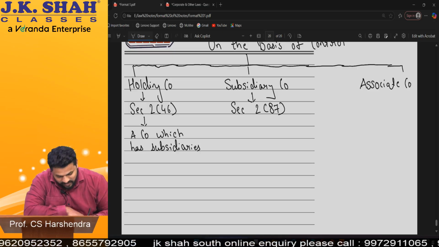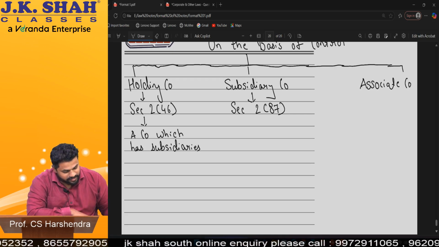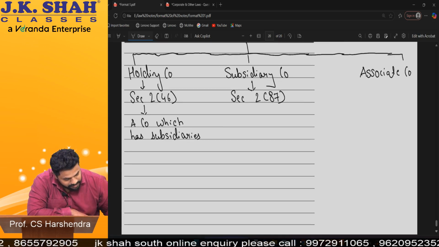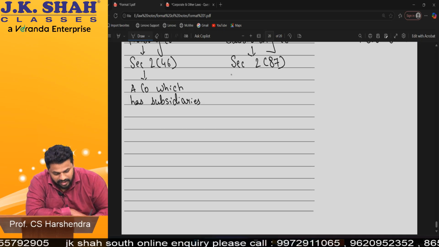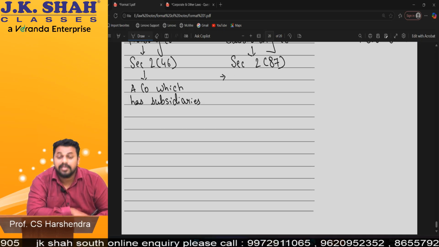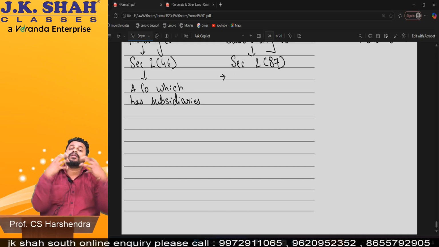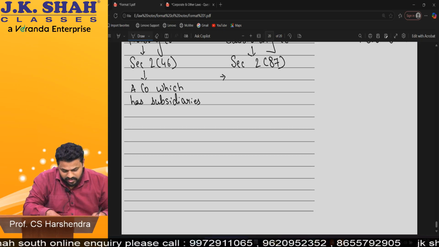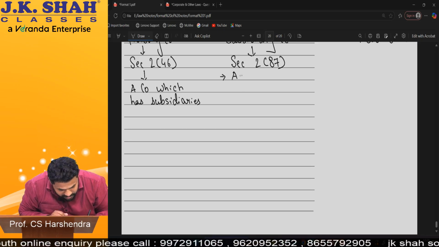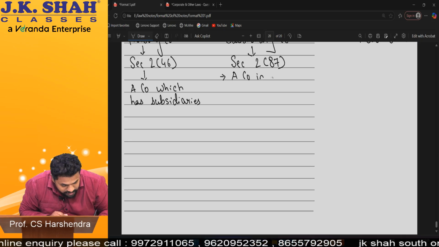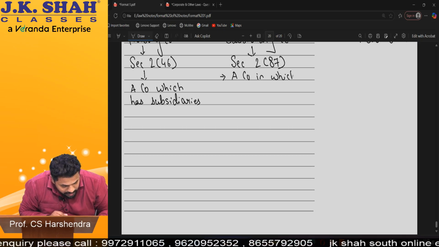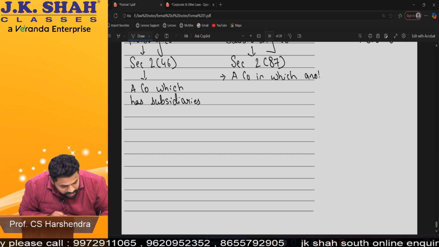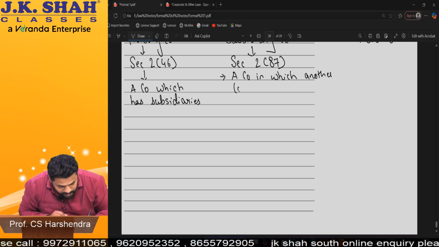Now, subsidiary company. What is a subsidiary company? This point tells that one company can become a subsidiary of another in 3 ways. Subsidiary company means a company in which another company, the holding company, has control.